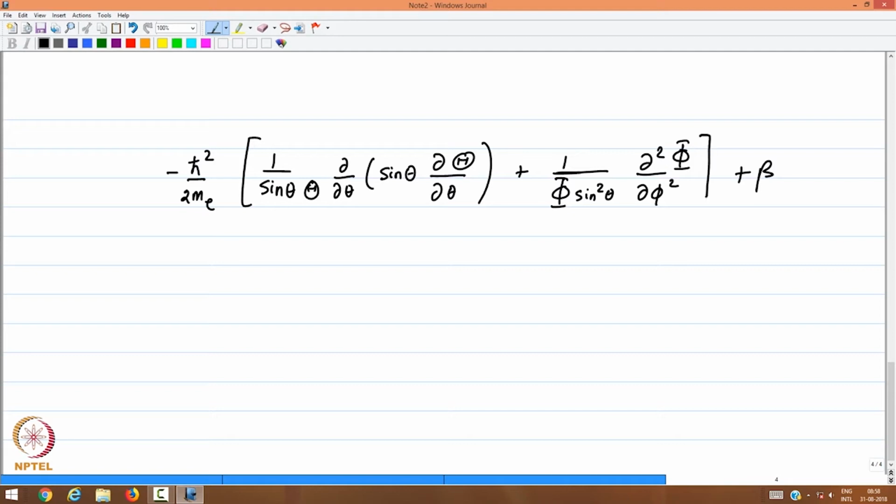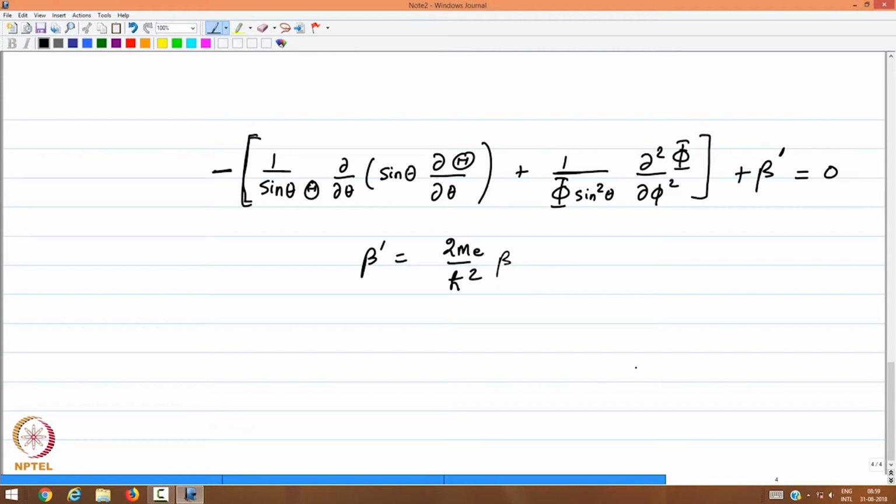All of this is the kinetic energy term with the minus h bar squared by 2 m e, plus beta is equal to 0. Since we multiply this by the constant 2 m e by h bar squared, let us define beta prime as 2 m e by h bar squared, and then you can easily get rid of this term, and write the minus sign here, but then you call this beta prime is equal to 0.